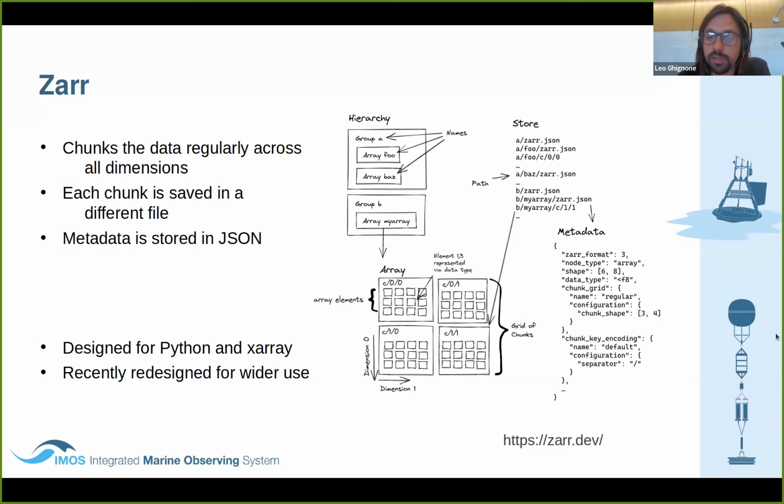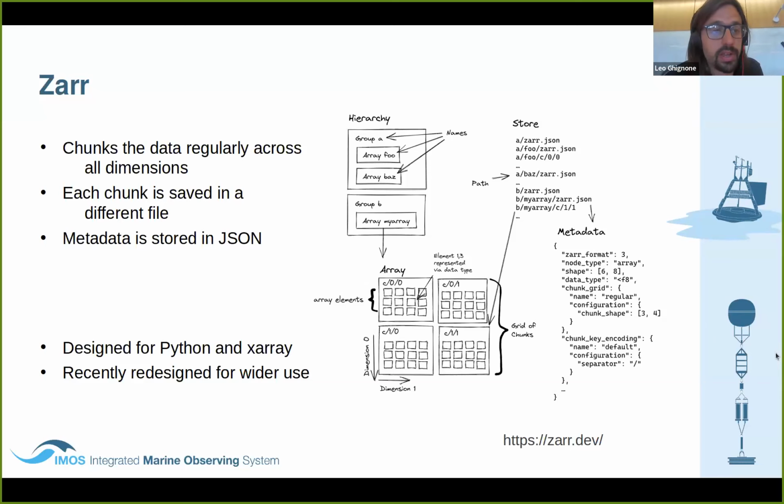This metadata is stored in JSON format, in a file that's stored in the same folder as all the other chunks, and you can simply open it and look at it. There's an example here on the right. Zarr was originally designed specifically for Python with XArray in mind.